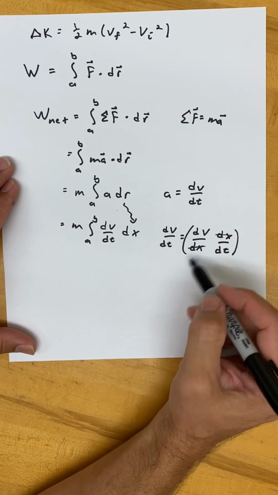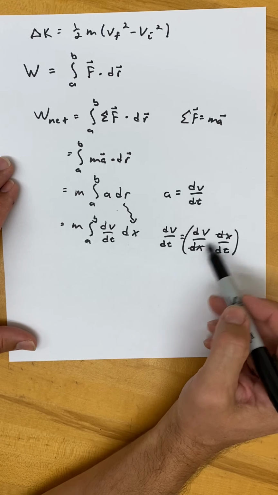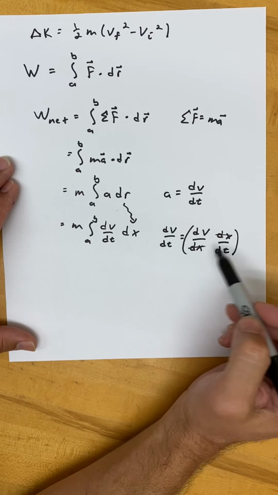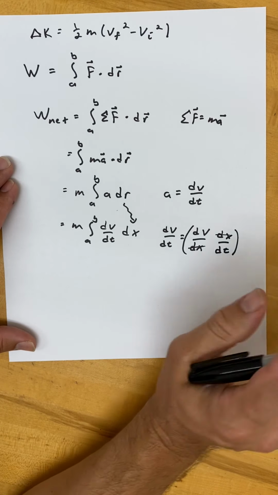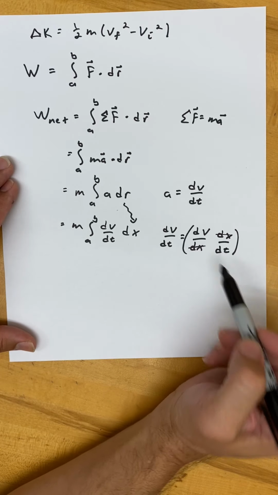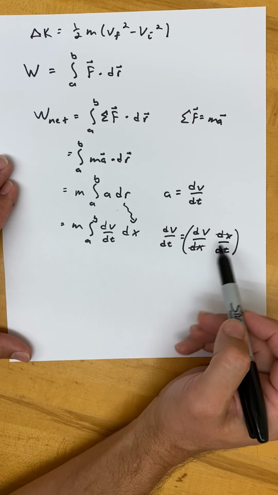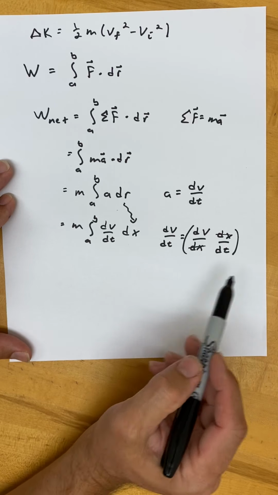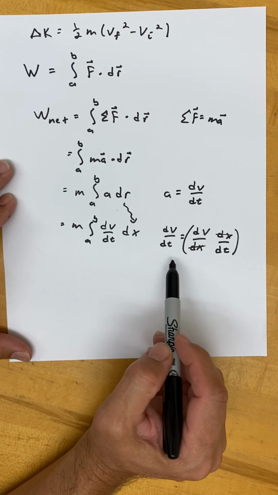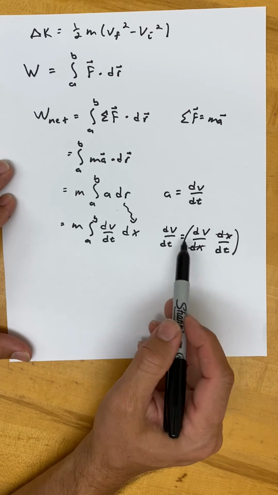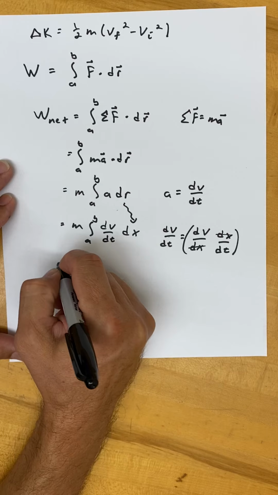The notation certainly makes it obvious what we're doing. We're not actually canceling a differential. We're applying a chain rule. But it certainly looks like we're canceling, and if that helps us get through it, then I'm okay with that. If you're a mathematician watching this, you can write me angry emails if you want to. I get that we're not actually cross-multiplying here or canceling, but kind of, sort of, right? We're going to use this notation at least to remind us that dv/dt is equal to dv/dx times dx/dt. Okay, so if this is true, then I can make that substitution here.